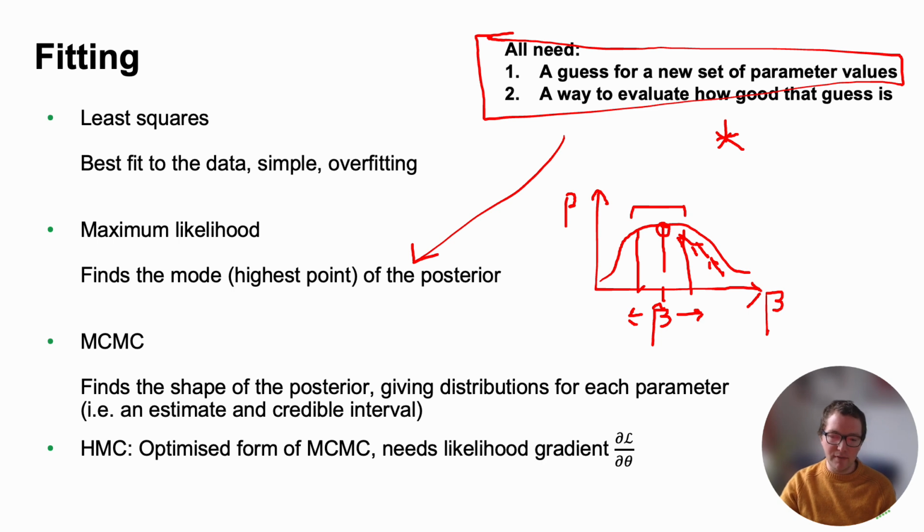Then I'll just mention quickly something that's become very popular, which is Hamiltonian Monte Carlo. This is an optimized form of MCMC. What's made this difficult in the past is that, as well as the likelihood, you need its gradient, which can be very tedious to evaluate. But now, basically thanks to deep learning, there are ways of automatically finding gradients computationally.